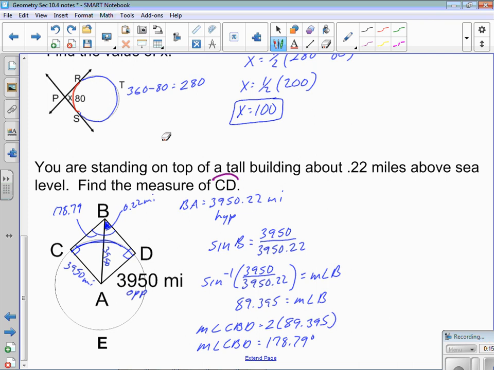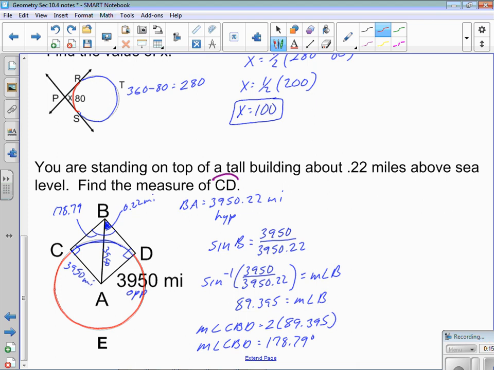All right, there's two tangents intersecting outside. So it's going to be the difference between those two arcs, arc CED and arc CD, which we don't have any values for.